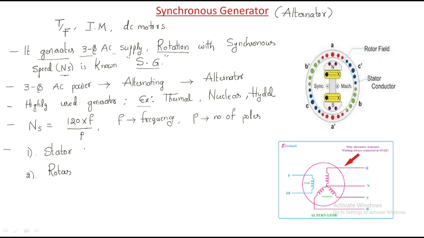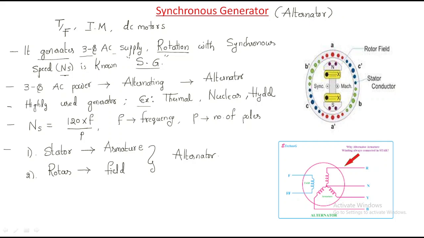Here the stator is the armature and the rotor is the field. The machine with the armature as the stator and the field as the rotor is known as the synchronous generator or alternator. The reason why the stator is the armature and the rotor is the field will be discussed in the alternator.